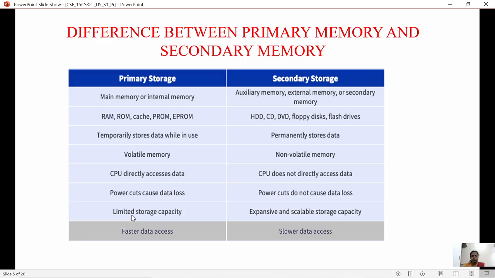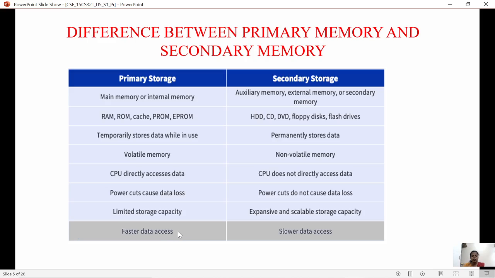Primary memory has less storage. The storage capacity is limited in the primary memory, and in the secondary memory the storage is expansive. We can have large storage space. Primary memory also gives faster data access.